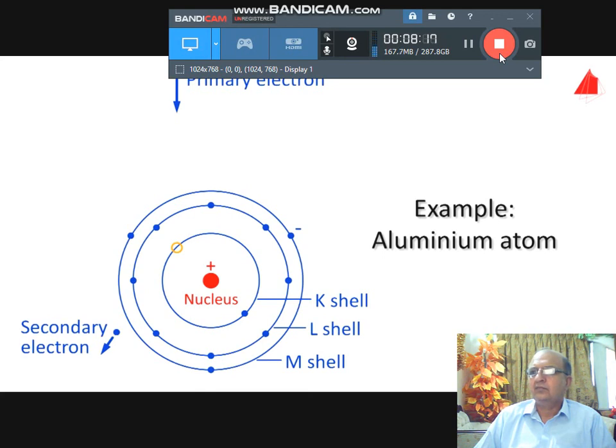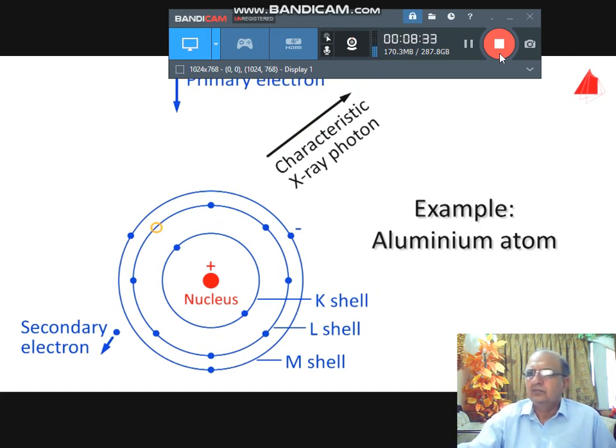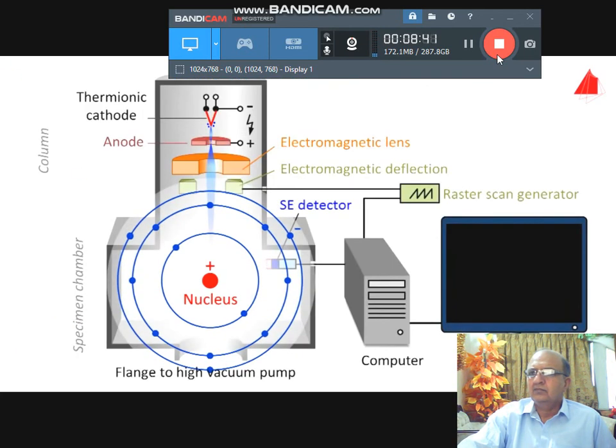This state is unstable. An electron from the L shell fills the gap and the energy difference is released in the form of a characteristic X-ray photon. This X-ray photon is called characteristic because its energy is quite characteristic or typical for the particular element. Now another transition follows. And finally the atom repairs itself with an electron from the vicinity, a free electron.